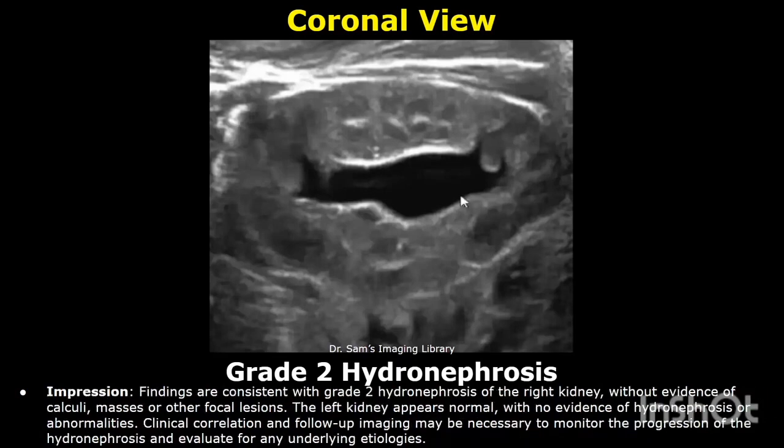Here is the impression. Findings are consistent with grade 2 hydronephrosis of the right kidney without evidence of calculi, masses, or other focal lesions. And you can end the impression by writing about clinical correlation.